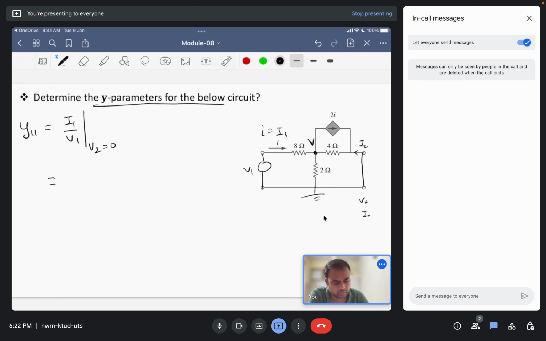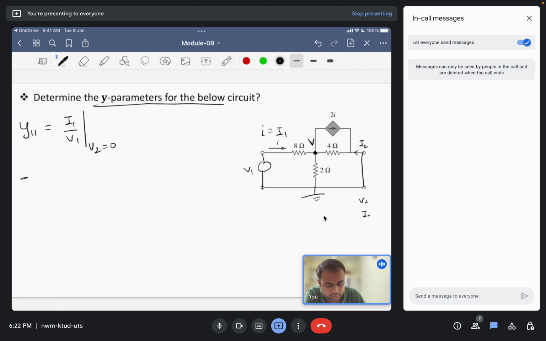Let us call this V. So from nodal analysis we can write for this node the current flowing. We'll take all the direction of current away from the node.